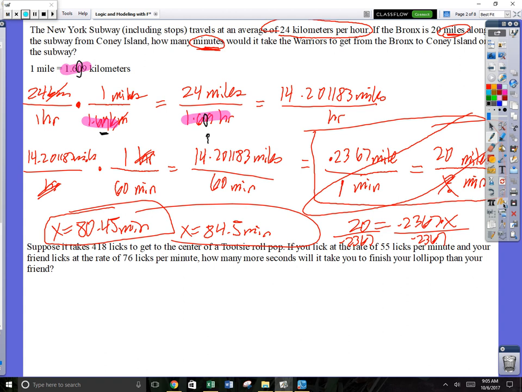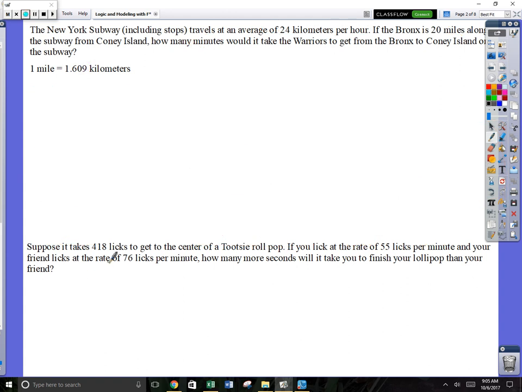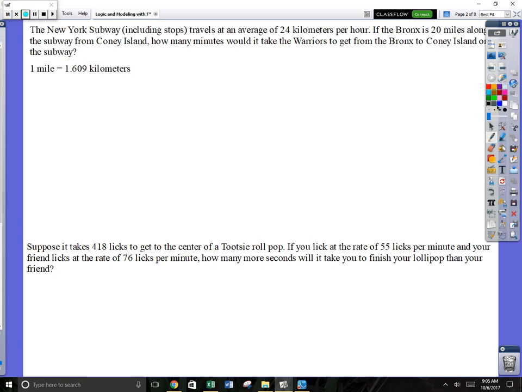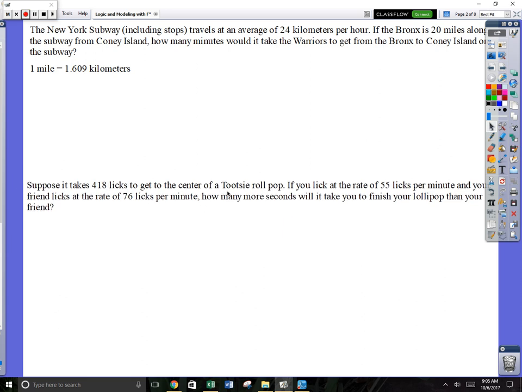Okay, now let's do the next one. Suppose it takes 418 licks to get to the center of a Tootsie Pop. If you lick at a rate of 55 licks per minute, so I'm going to set that up.